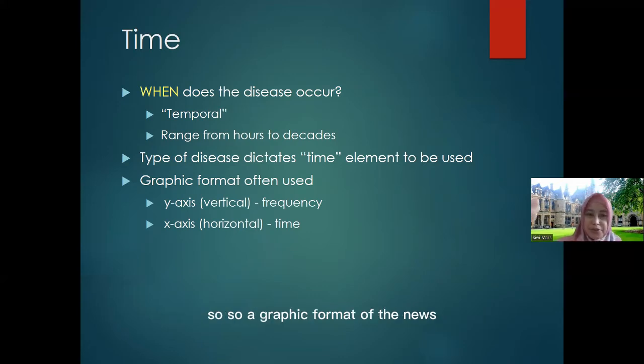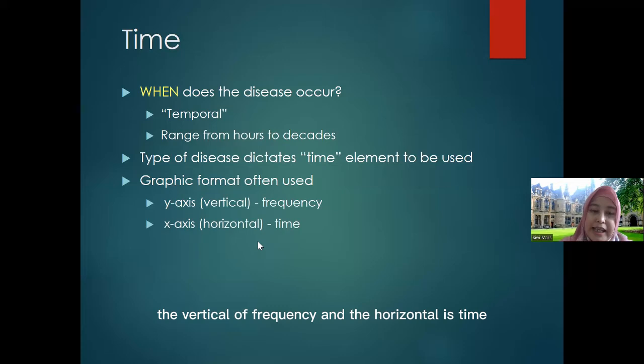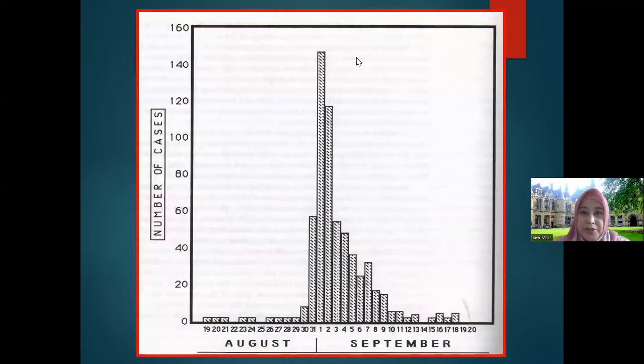A graphic format often uses frequency on the vertical axis and time on the horizontal axis. This is an example of the number of cases, and below are the months, August, September, and so on. We can have one year trends.